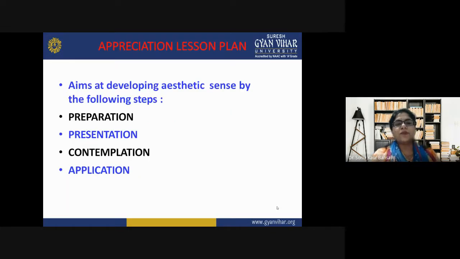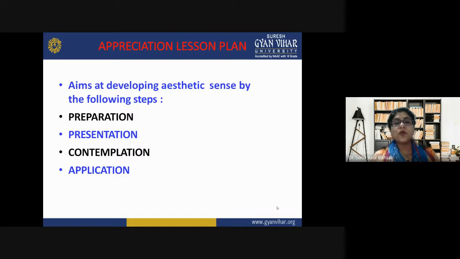Now, another type of lesson plan is the appreciation lesson plan. Let's see how it is done. An appreciation lesson plan aims at developing aesthetic sense by the following steps: preparation, presentation, contemplation, application. So you are preparing something according to the educational objectives, and you are preparing a presentation.